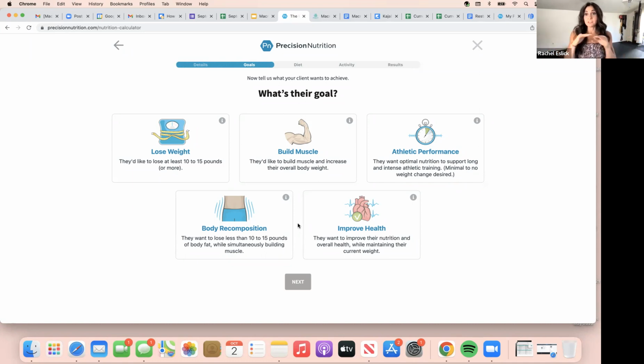My calories are going to stay more at an energy balance, but the ratio of macronutrients and eating at a calorie balance over time will result in losing fat, possibly gaining or maintaining your muscle mass. And then improve health, whatever, you don't care what happens with the scale, you just want to eat better and get a better handle on your health.